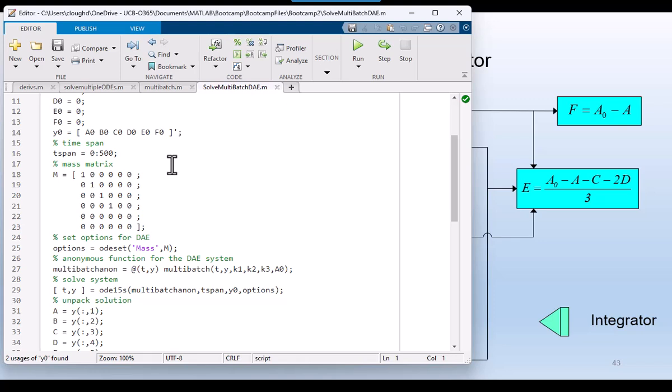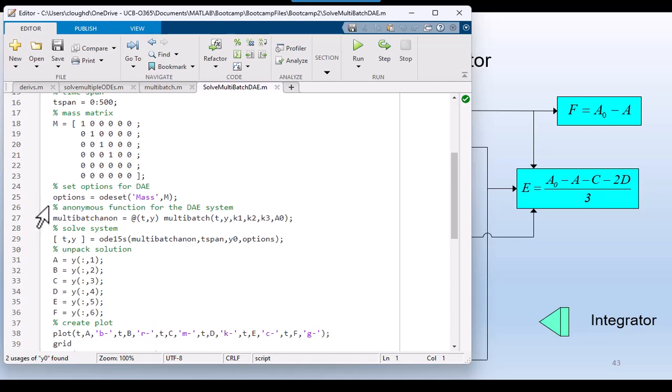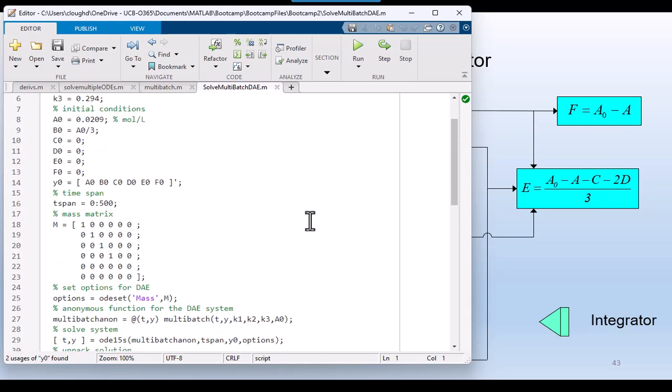And then our mass matrix now contains 4 ones on the diagonal because we have 4 differential equations, and then 2 zeros for our 2 algebraic equations, the stoichiometric relationships over here. The rest of this is set up quite similarly, with the ODE set of M being the mass matrix, set up an anonymous function, T and Y, where we add the arguments K1, K2, K3, and the initial value for A, all right?